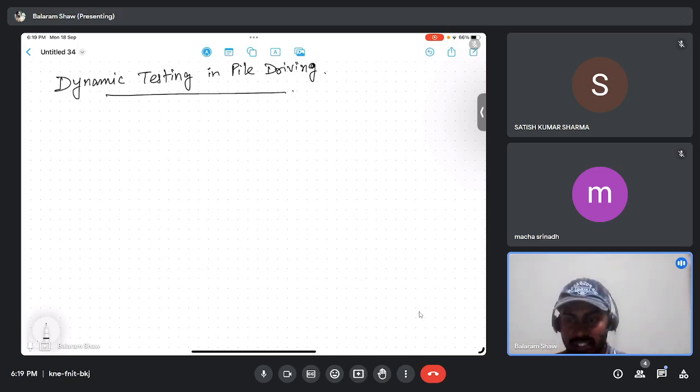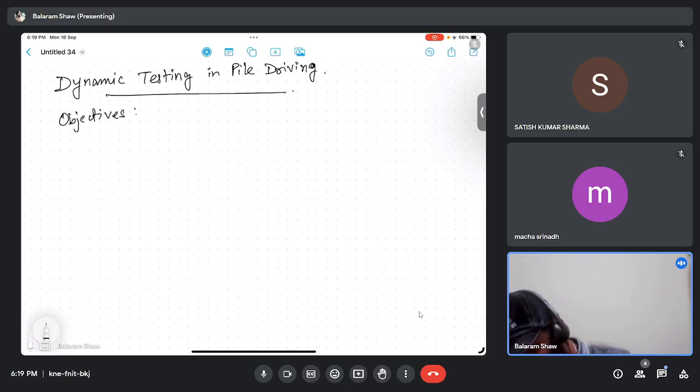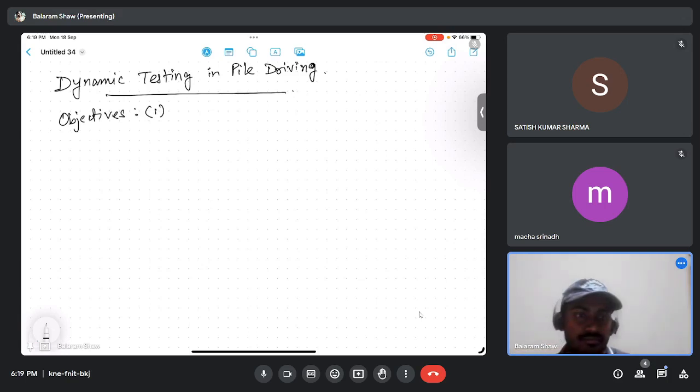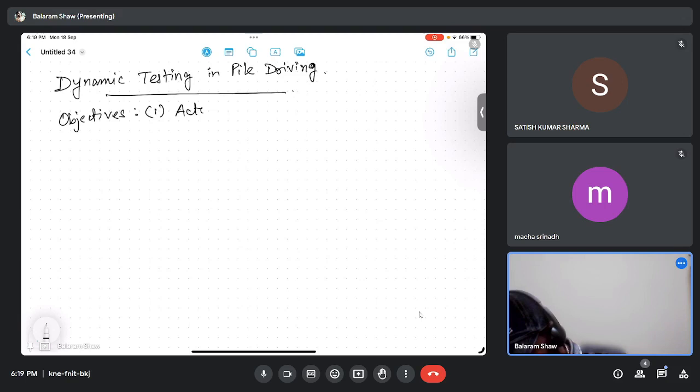So what are the objectives of this dynamic testing? The objectives of the in situ test or the dynamic testing are, first, to determine the actual stresses that are going to be developed in the soil as well as the pile while driving the pile.